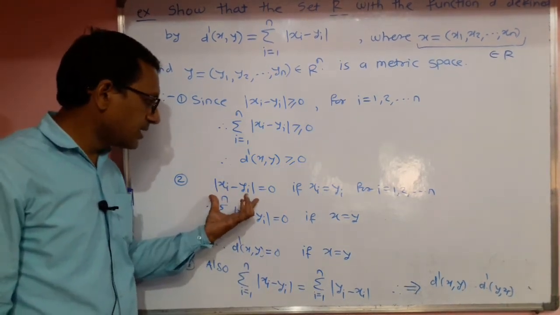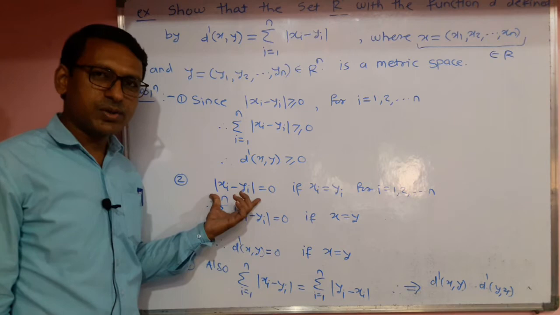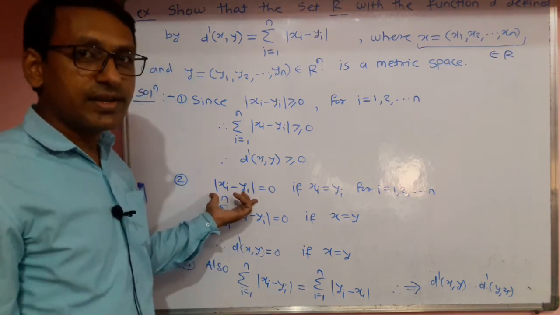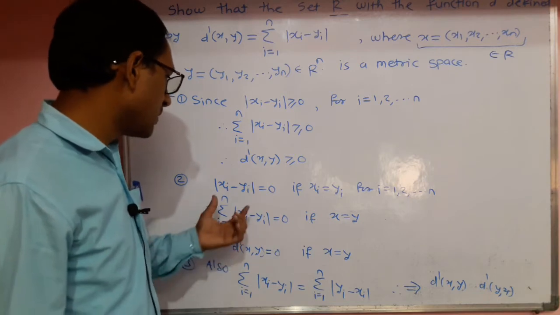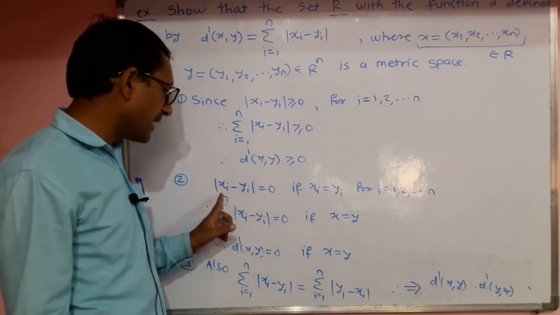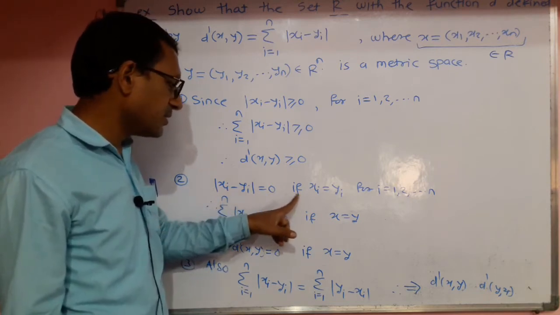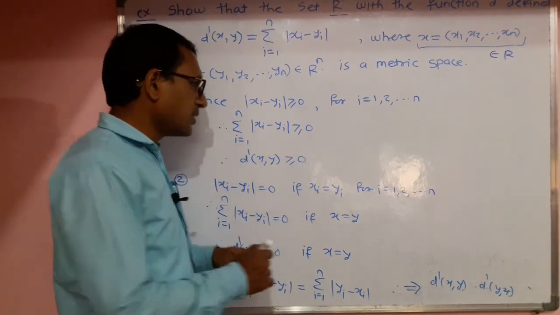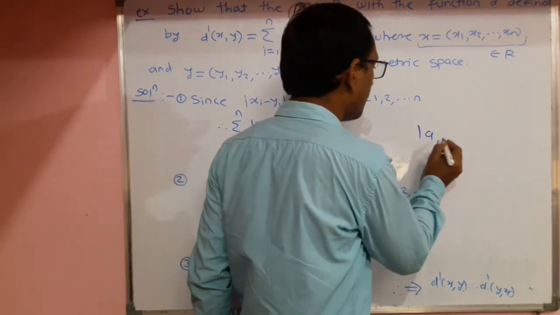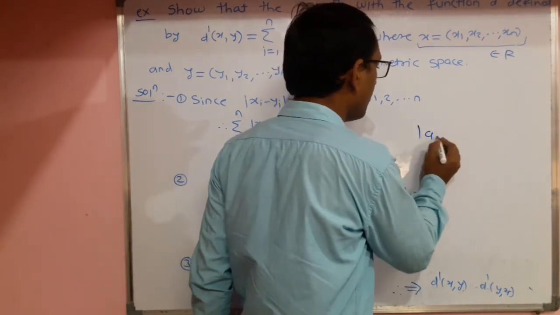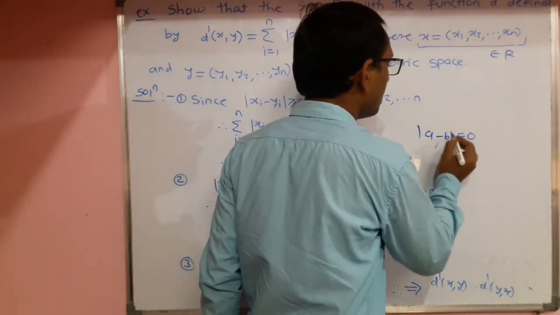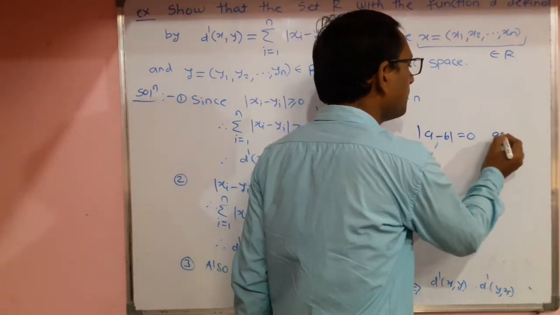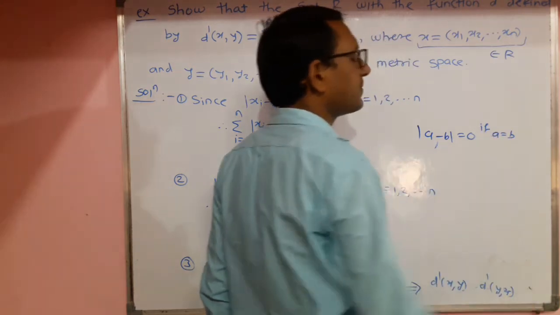Now we see the second condition: d of (x, y) is equal to 0 if x is equal to y. By the definition of the modulus function, mod of xi minus yi is equal to 0 if xi is equal to yi, since for any two real numbers the mod of their difference is 0 if the two numbers are equal.